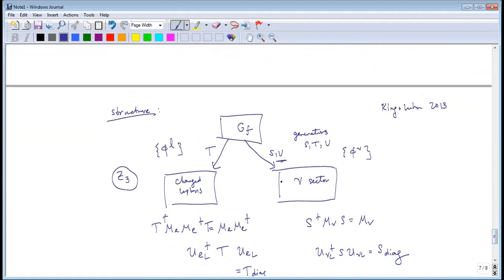This breaking gives us the general form of this matrix, and then higher order corrections come in from these flavon fields. Remember, we're working in a charged lepton diagonal mass basis, and that's true at leading order only. We can then correct that, so generally they're going to mix at the next order. There's a next level of complication that starts to happen.